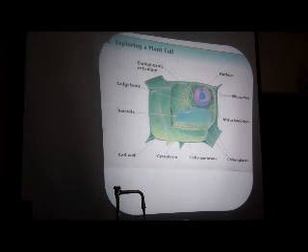Your typical plant cell has a couple of structures you don't see in animal cells. Cell wall, chloroplasts. And look at that giant vacuole of water. No wonder they need a cell wall. Okay, I think that might be all I have.